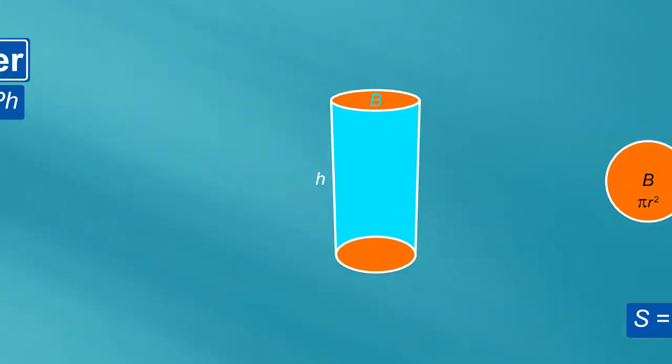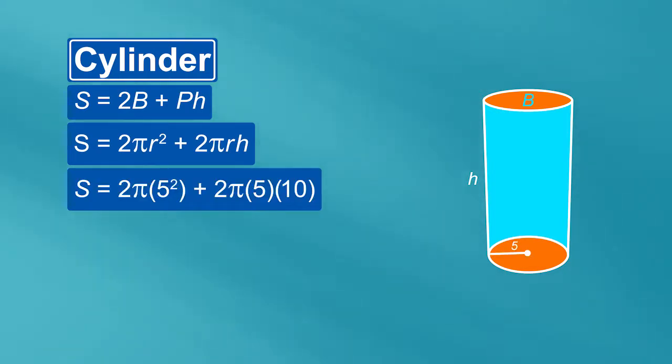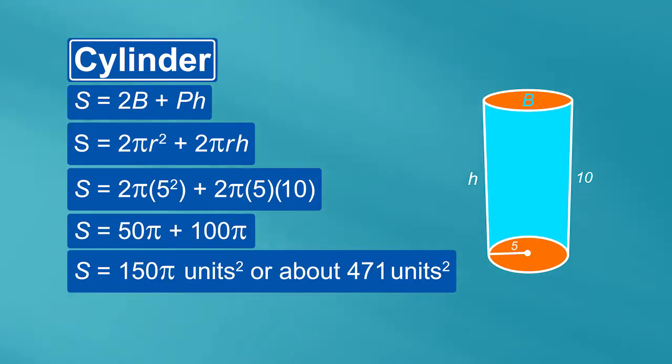If we substitute these into the formula, we are given S equals 2 times pi r squared plus 2 pi r times h as a base formula for solving the surface area of a cylinder. If this cylinder had a base with a radius of 5 and a height of 10, the solution would simplify as shown to about 471 units squared.